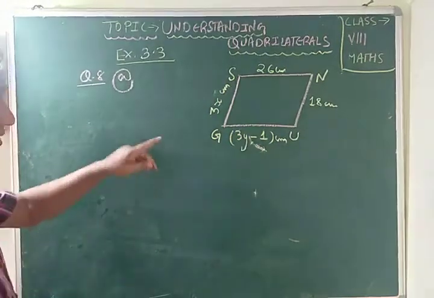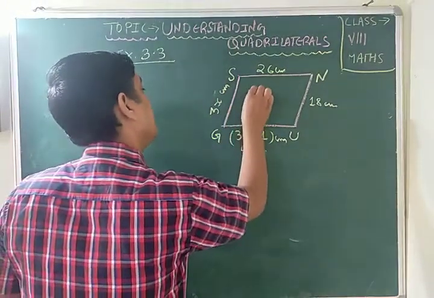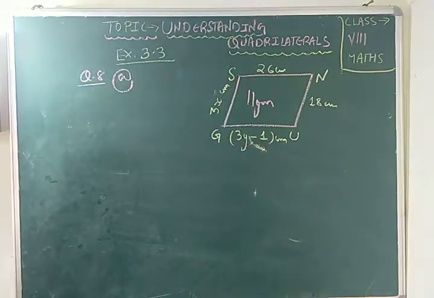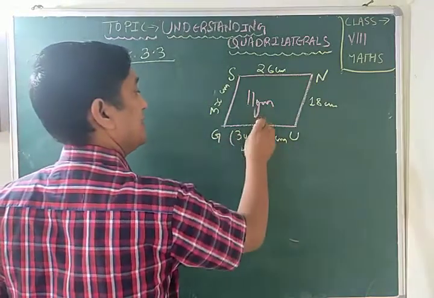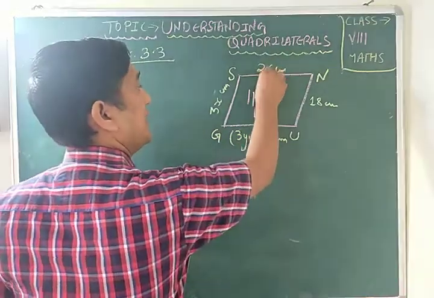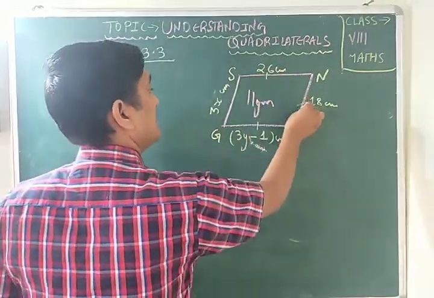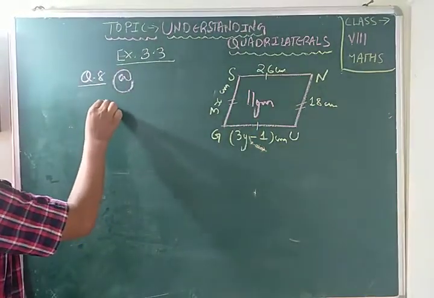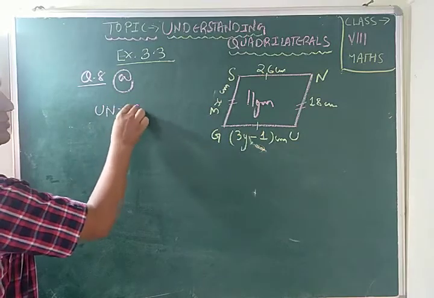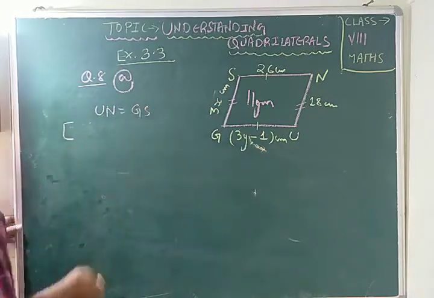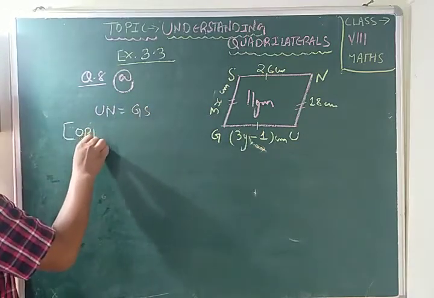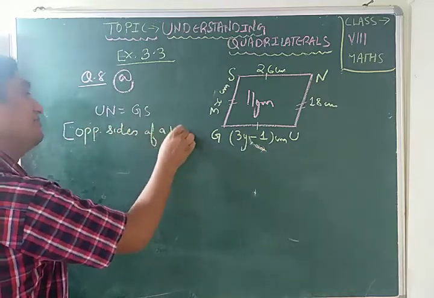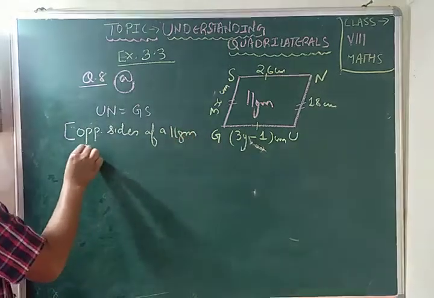Now, children, this figure is a parallelogram. We know that in a parallelogram, opposite sides are equal. This side is equal to this side and this side is equal to this side. Now, here we have UN equal to GS because opposite sides of a parallelogram are equal.